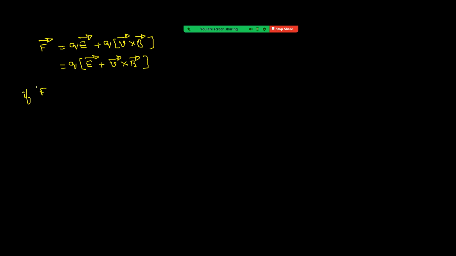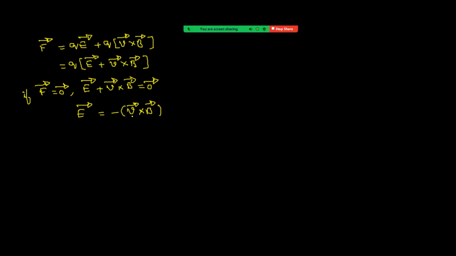If F bar is zero, then E bar plus V bar cross B bar equal to 0 bar, that means E bar is equal to minus of V bar cross B bar.